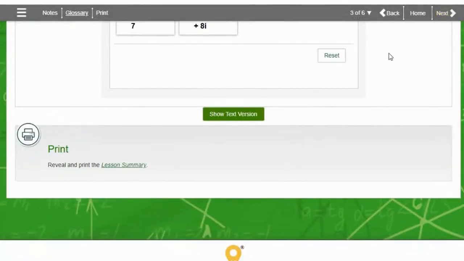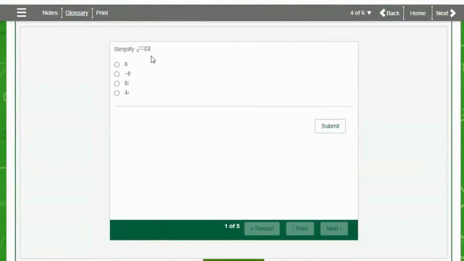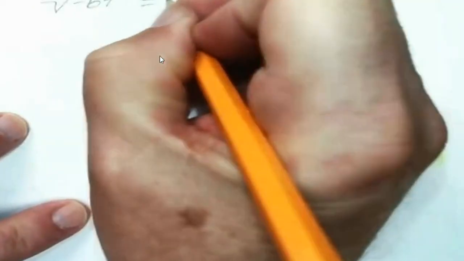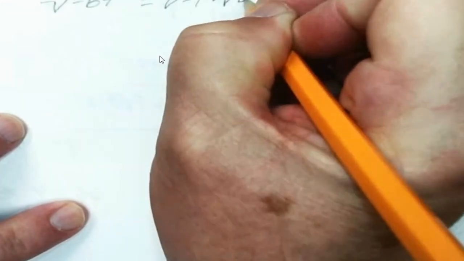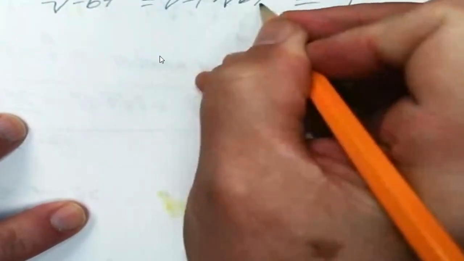Let's see what the practice problems look like. Simplify the square root of negative 64. Let's go ahead and do just one or two of these practice problems before we move on. This one's a pretty simple one, actually, because this is going to equal the same as the square root of negative 1 times the square root of 64, which the square root of negative 1 is i, and the square root of 64 is 8.